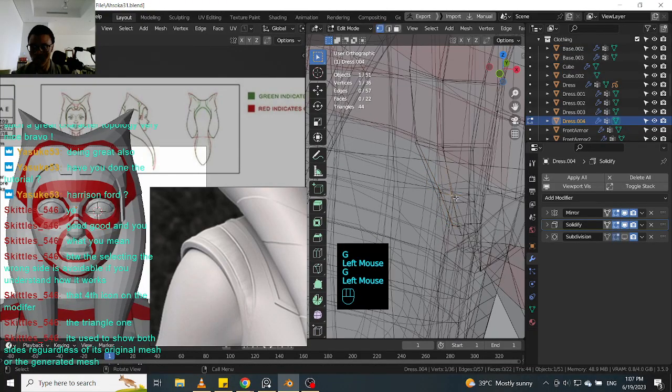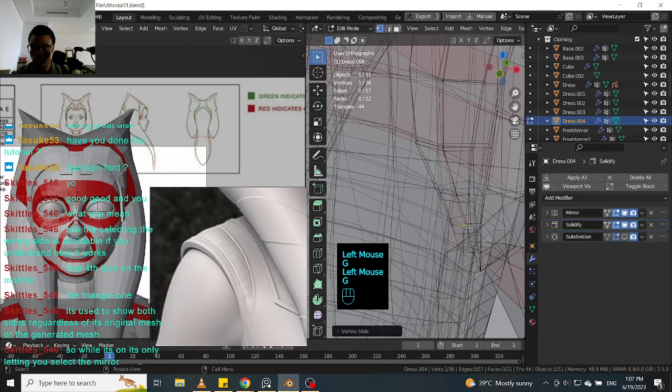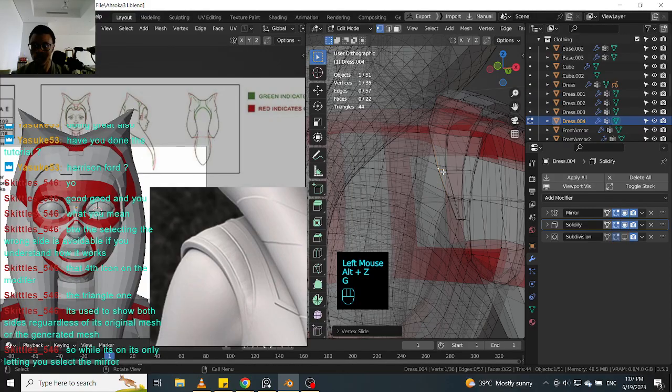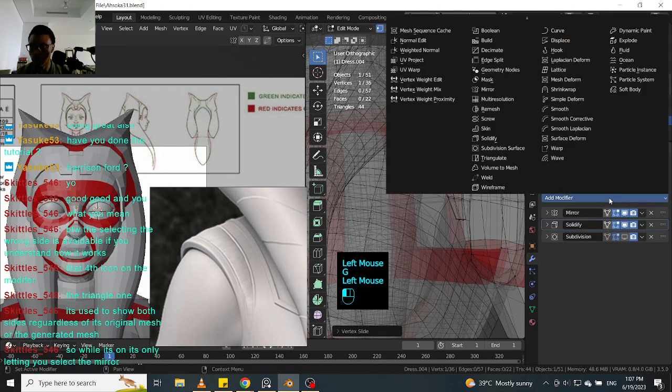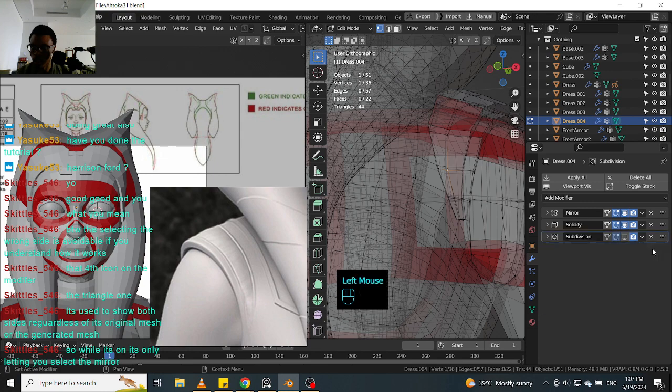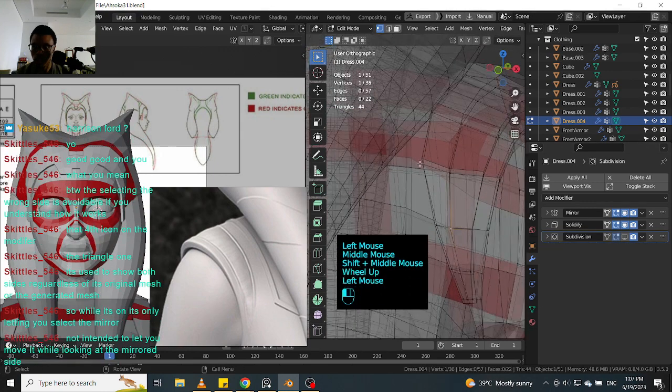It's better just to turn it off instead of having it the way I was doing it. But mirror modifier, when you do it, I think it... Oh okay, it's probably just me who selected it. I thought it actually did that automatically.